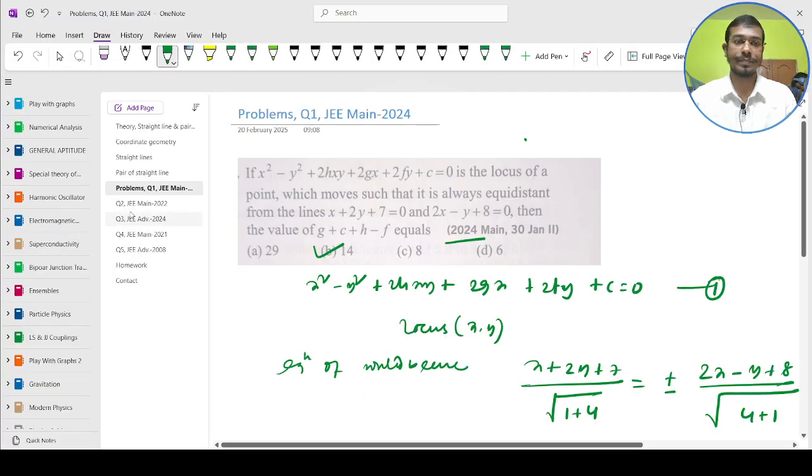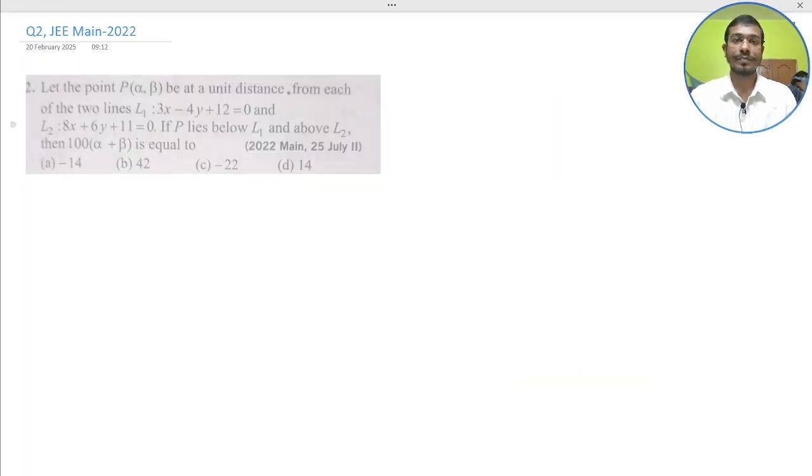Next, go ahead. Second question. JEE Main 2022. Let the point P (alpha, beta) be at a unit distance from each of the two lines L1: 3x minus 4y plus 12 equal to 0, and L2: 8x plus 6y plus 11 equal to 0.